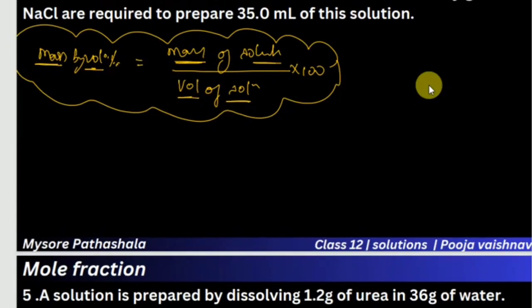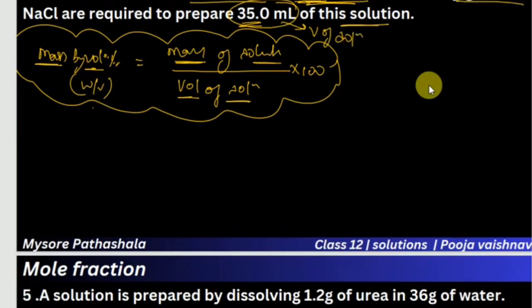The saline solution of NaCl in water is given as W by V, it is represented by W by V, that is, this value is already given. How many grams of NaCl are required to prepare 35 ml of the solution? So the volume of solution is given as 35 ml.